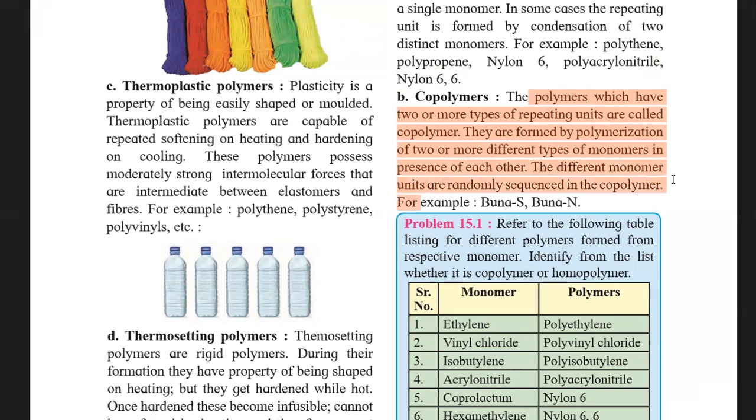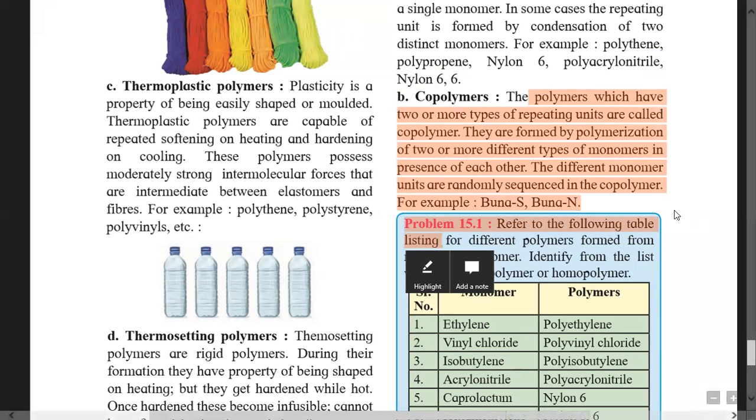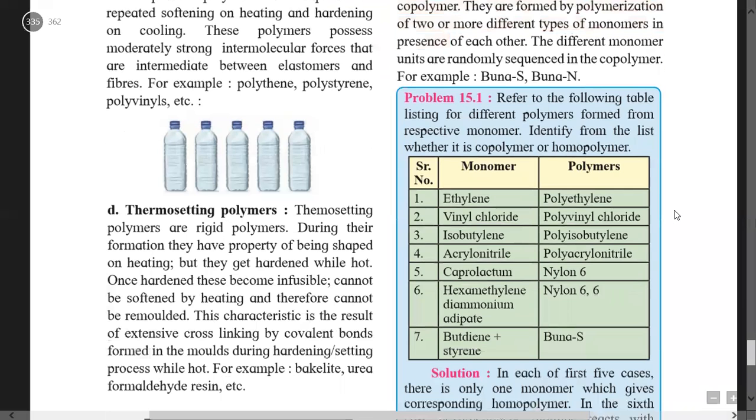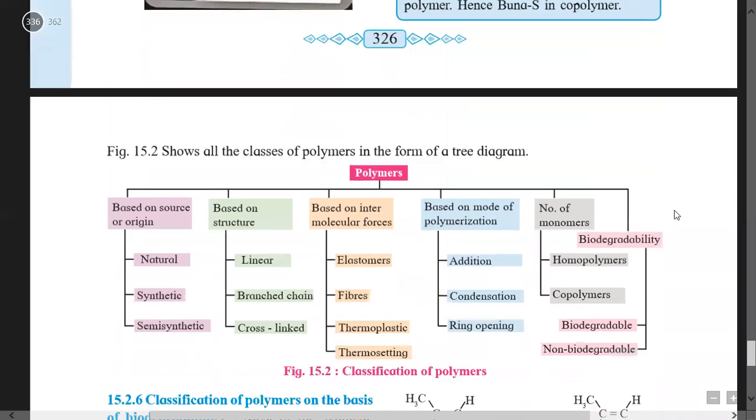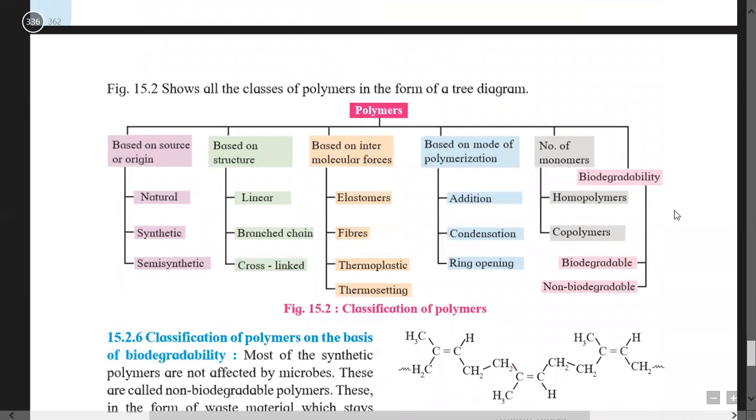The different monomer units are randomly sequenced in a copolymer, and examples are Buna S and Buna N. So that is the fifth type of classification of polymers, based on number of monomers, into homopolymers and copolymers.